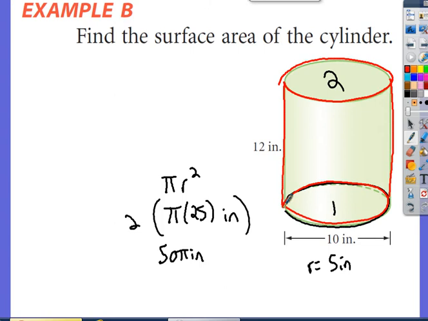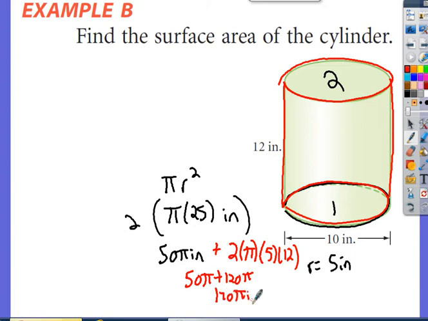It's going to be 50 pi plus 2 times pi times r, which we just said was 5, times the height, which is 12. Okay? So that's going to be part of the equation. I'll write down that equation in a second, that you're going to have to know. But that's going to be 50 pi plus 120 pi. And that's just 50 plus 120, which is 170 pi inches squared.